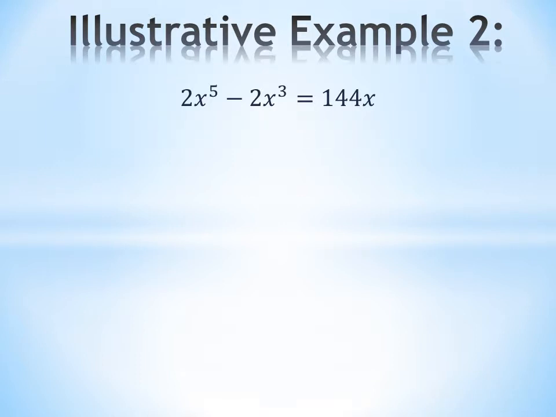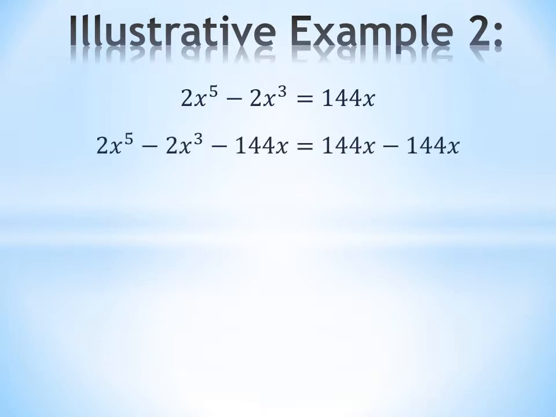Subtracting 144x from both sides, we now have 2x to the power of 5 minus 2x to the power of 3 minus 144x equals 144x minus 144x. Since there are no like terms on the left side of our equation, the values on the left side of the equation remain the same.